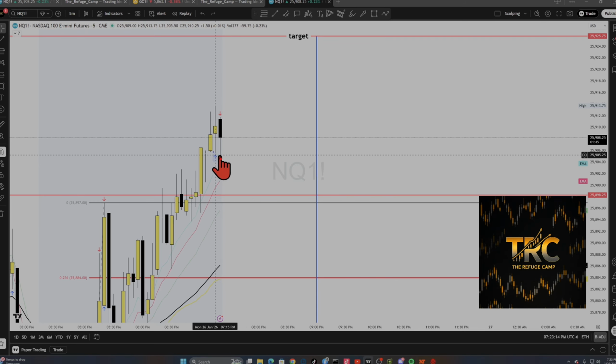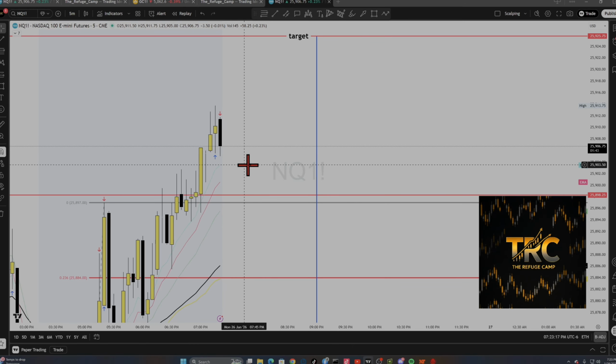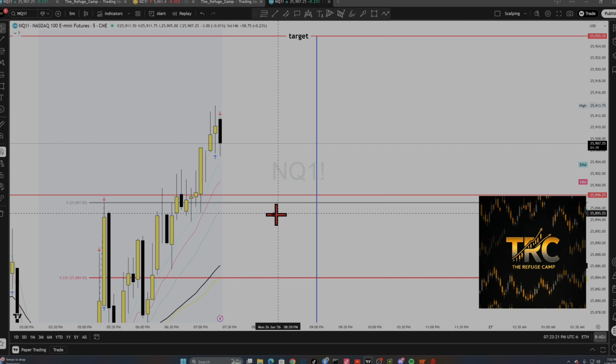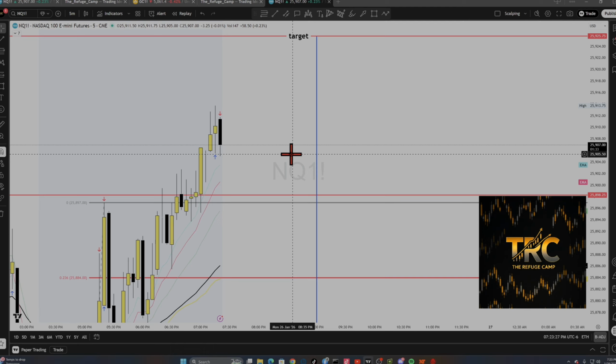Well, that would have just taken us out. That's why I can tell you it is a definite liquidity hunt. Because everybody knows if you're scalping, including the market, your stop would have been right here at 905.50. Price came right down to 905 even and took everybody out by two ticks, right?